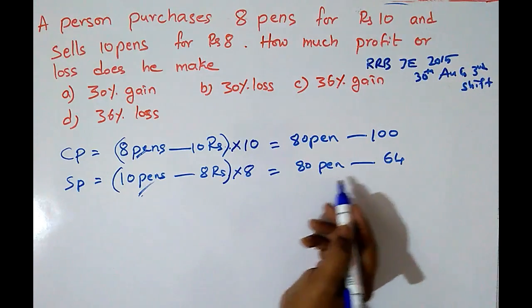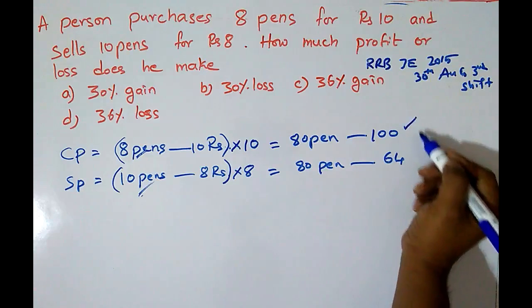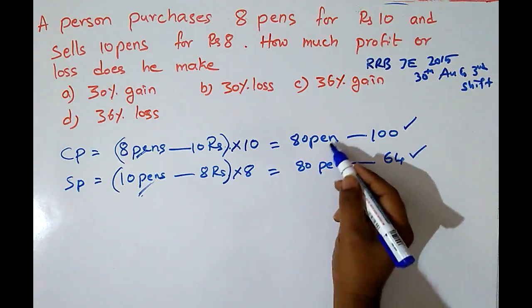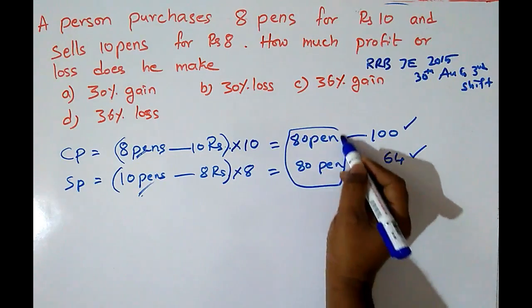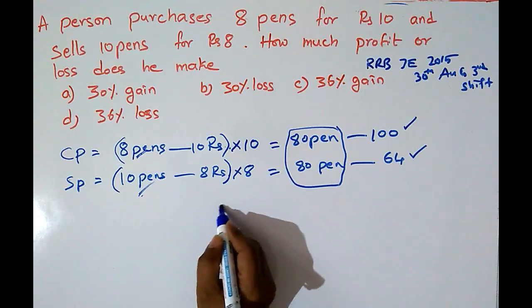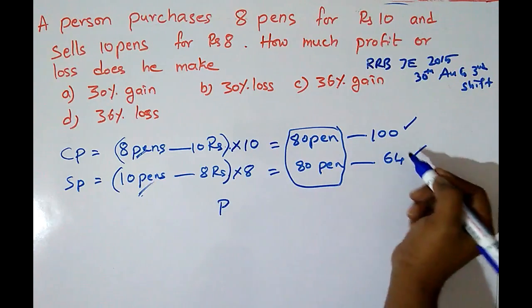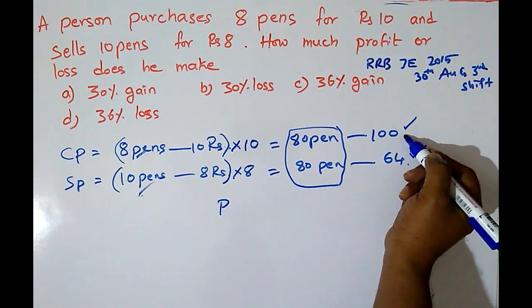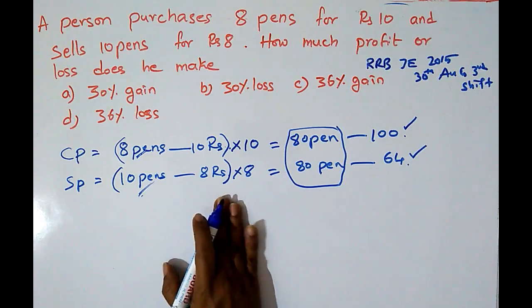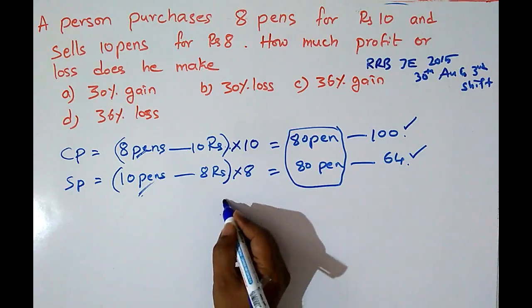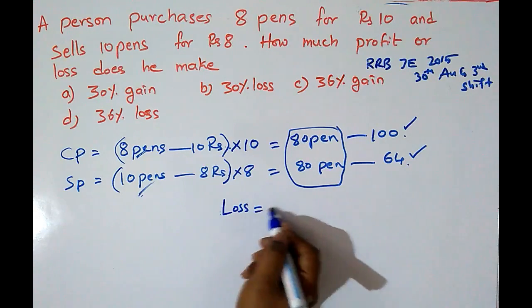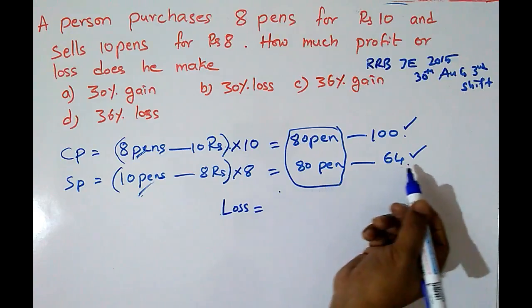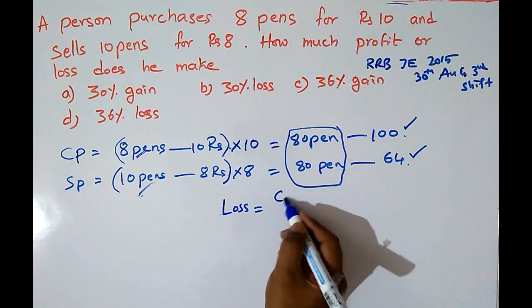So from this we have the cost price and selling price for the same number of articles. Here we can clearly see that the selling price is less than the cost price. So we will get, friends, loss, because the selling price is less than the cost price.